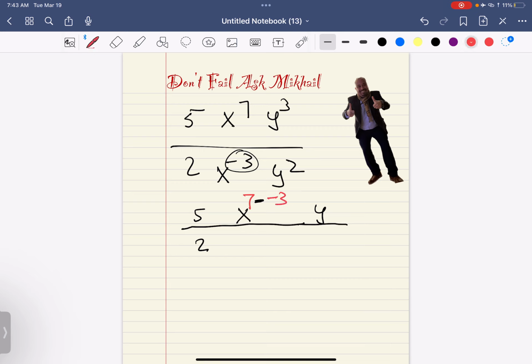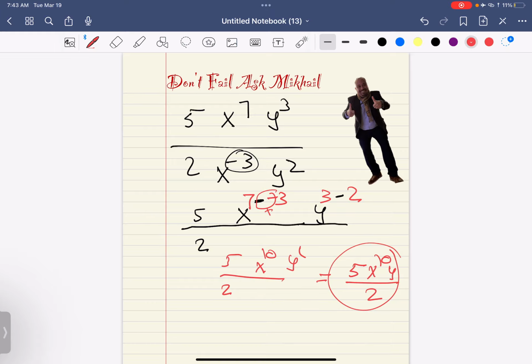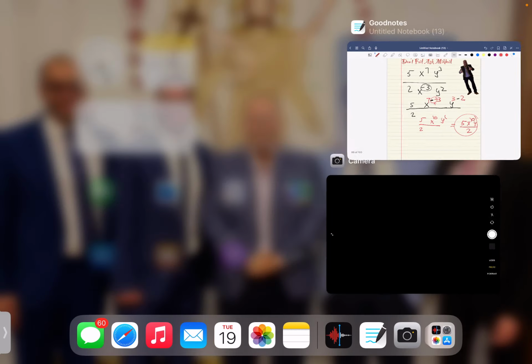How about y will be 3 minus 2. All right, that is going to be 5 over 2. X, negative changes to positive, to the 10. And y, 3 minus 2 is 1. Final answer is 5x to the 10th y over 2. And this is my final answer.